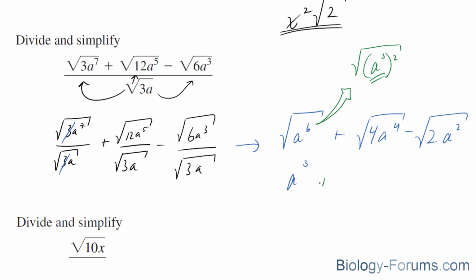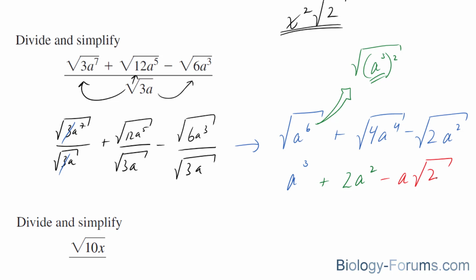In this case, we have 2, because the square root of 4 is 2. And the square root of a to the power of 4 is a to the power of 2. And lastly, this becomes minus a times the square root of 2, because a to the power of 2 is a perfect square, and 2 is the square root of 2.